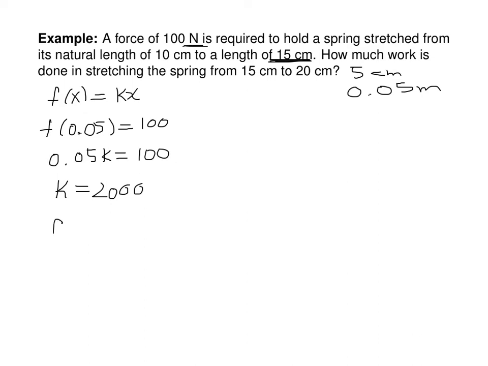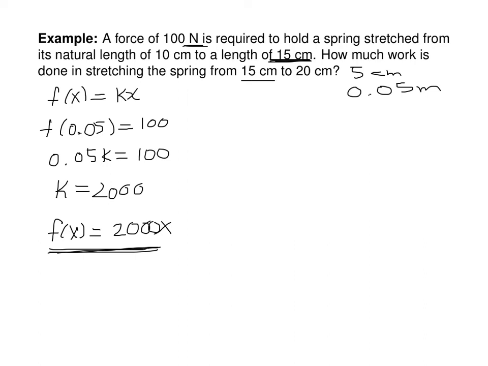So my force equation for this particular spring is 2,000x, and I will use that to compute. The force required at any particular x is given by 2,000 times that x.